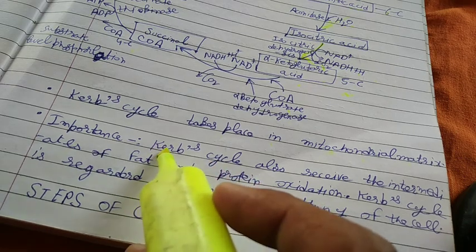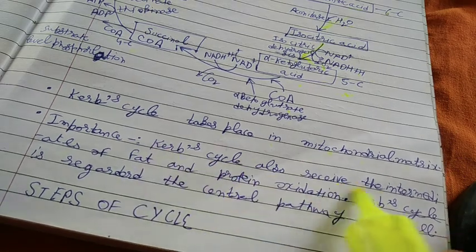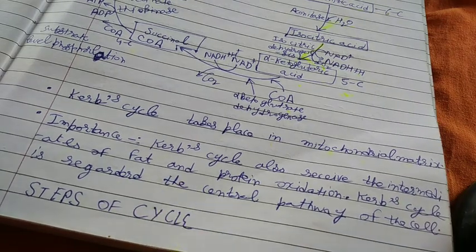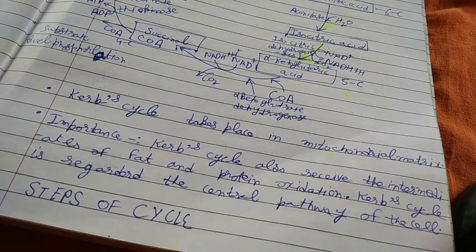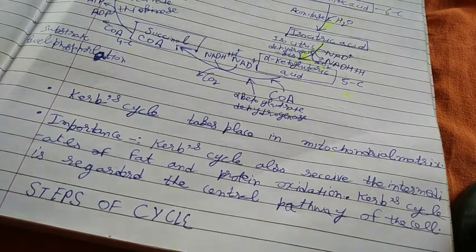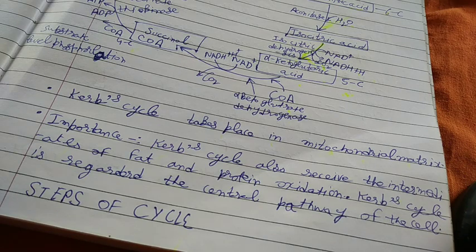So importance: the Krebs cycle also receives the intermediates of fat and protein oxidation. Krebs cycle is regarded as the central pathway of the cell. This is important guys, and now let's move to the steps.